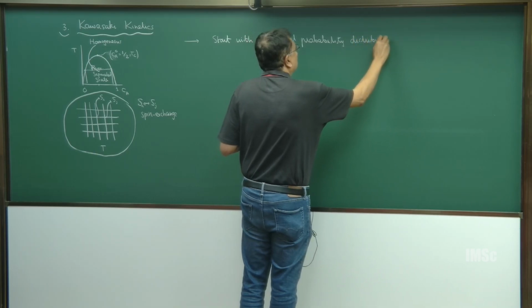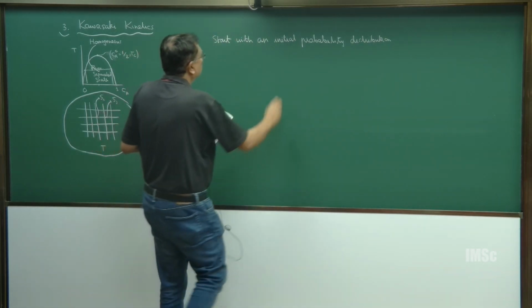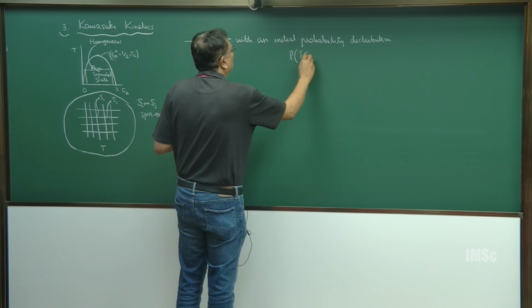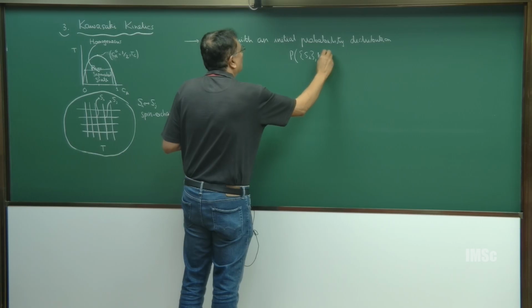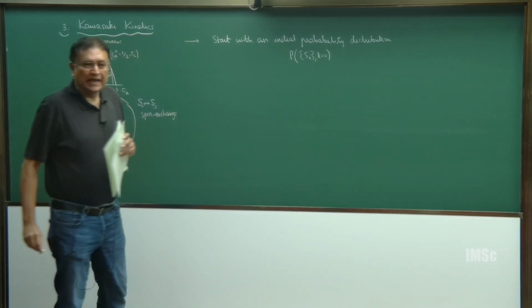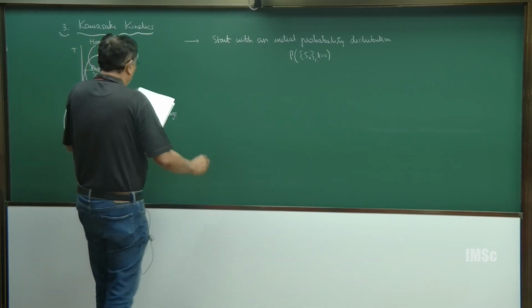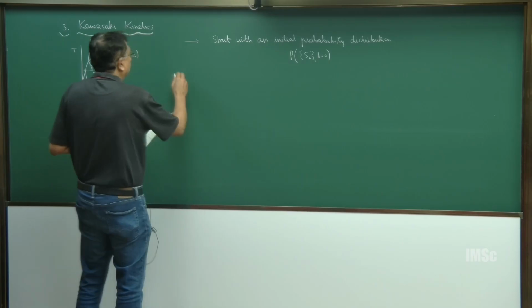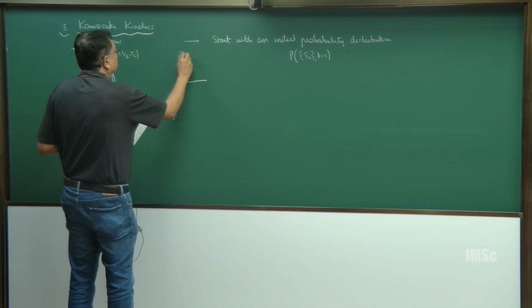You start with a probability distribution, which is P as a function of the spin configuration at time t equal to 0. Then you ask how this probability evolves. Let me consider this phase space of spin configurations.